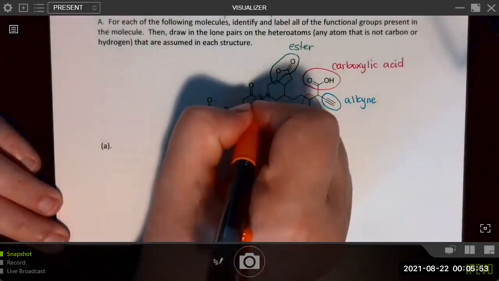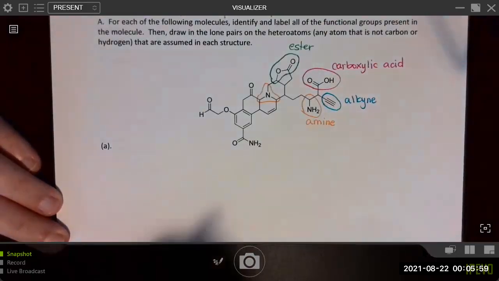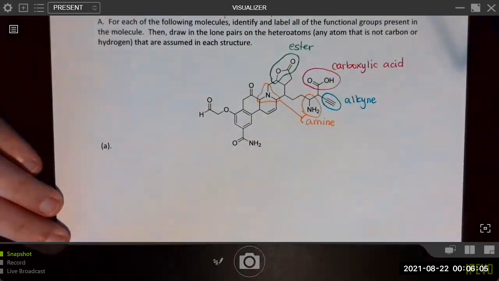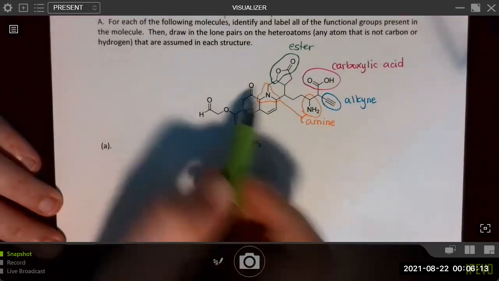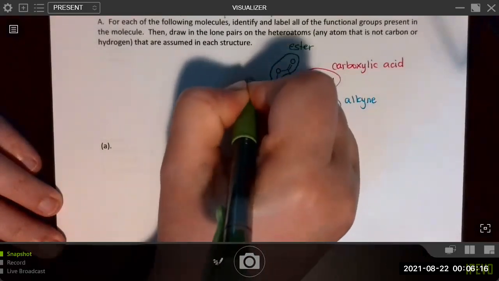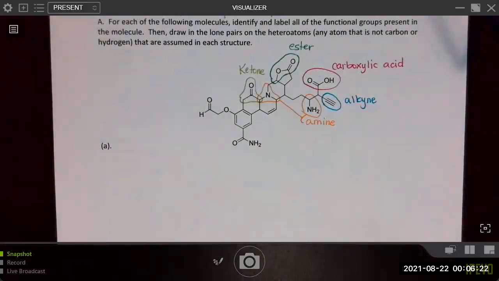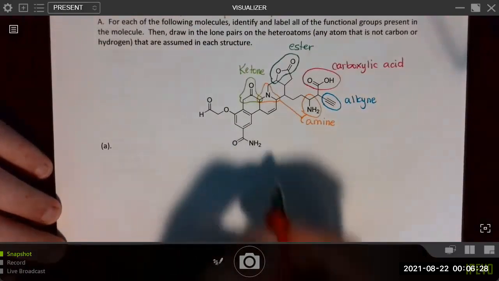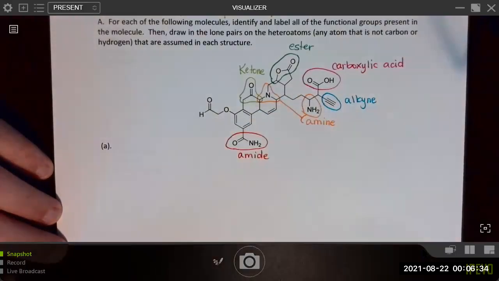Now we have this nitrogen attached to a carbon, also attached to two other carbons, but it's still an amine. This carbonyl up here, the carbon is attached to two carbons. So that means that this is a ketone. This nitrogen is attached to a carbon that has a carbonyl. This is not an amine. Instead, it's an amide.